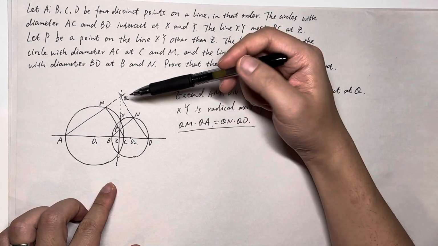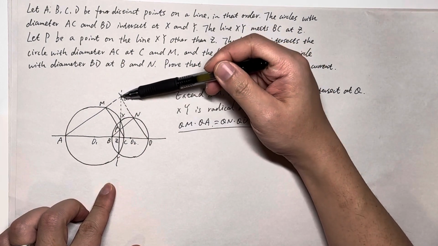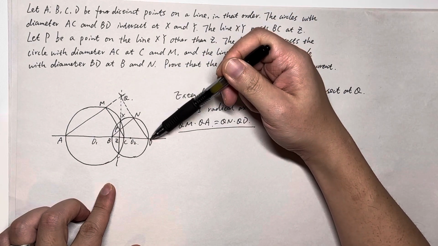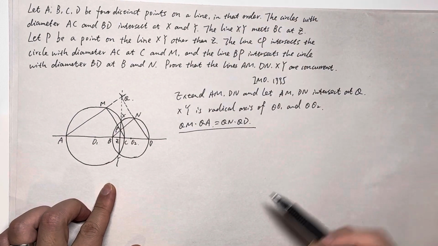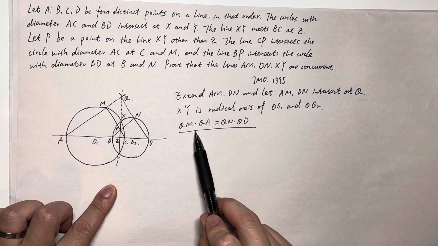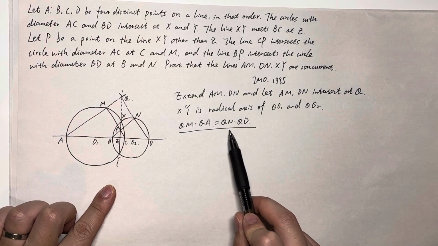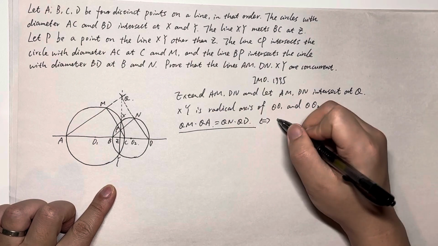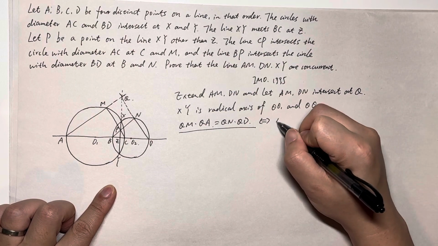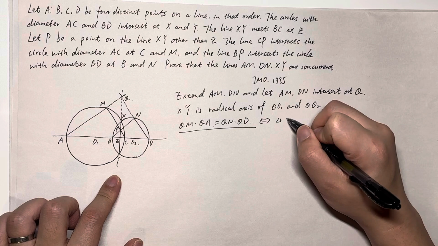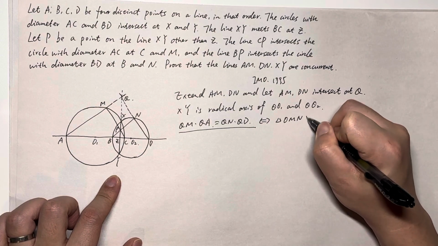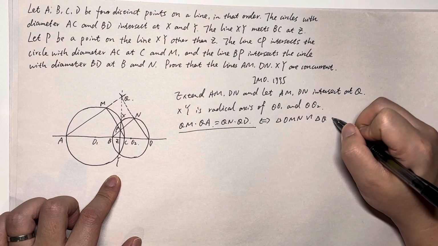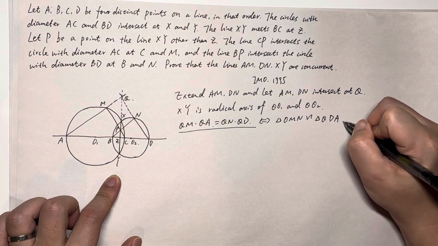So now we want to prove that QM times QA equals QN times QD. Then it becomes straightforward that if QM times QA equals QN times QD, it is equivalent to triangle QMN being similar to triangle QDA, right?